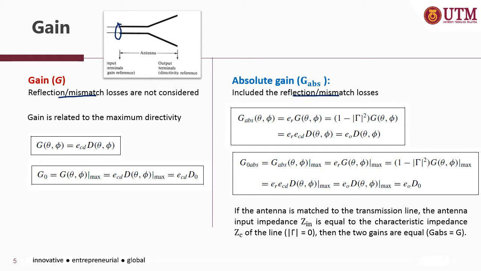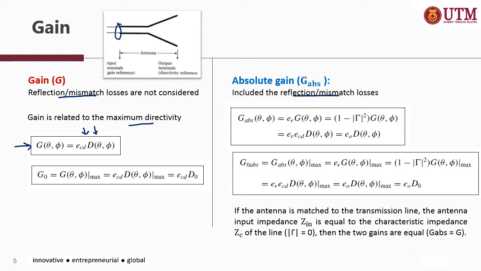So for gain, where there's no reflection or mismatch loss included, the gain related to the maximum directivity is given by G, the gain equal to the antenna radiation efficiency multiplied by the directivity.